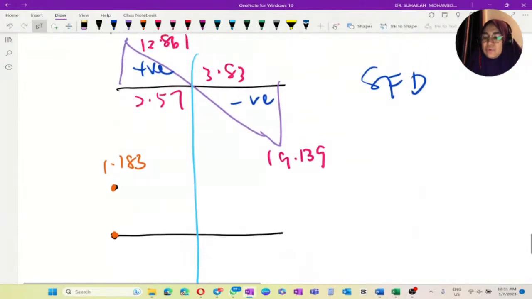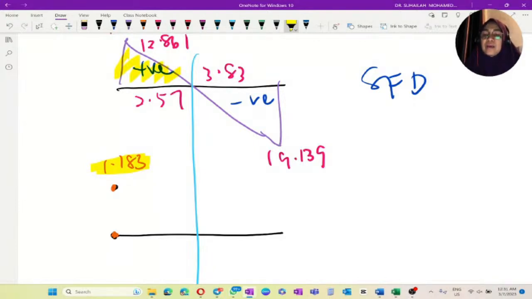So we will calculate like this. The first value that we should put is 1.183. Okay, this 1.183 is at positive side. We have to plus by area of triangular. So we have to plus 0.5 times 12.861 times 2.57.